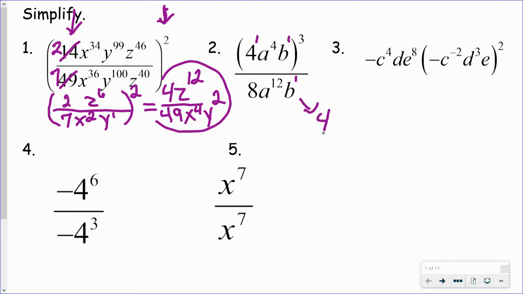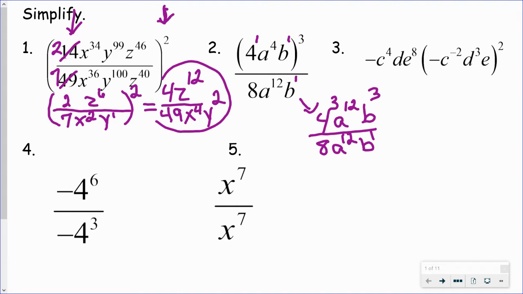So that becomes 4 to the power of 3, a to the power of 12, b to the power of 3, all over, and now the denominator stays the same, 8, a to the 12th, b. I like to write that first just to make sure I know what I'm doing and I don't lose it.